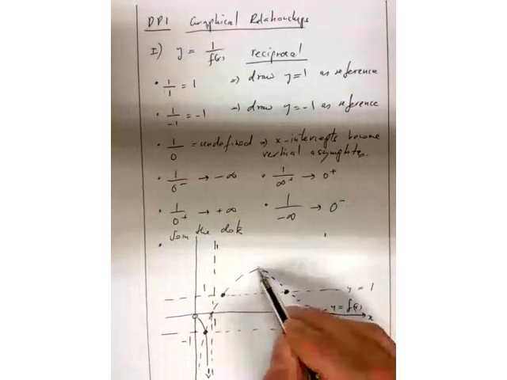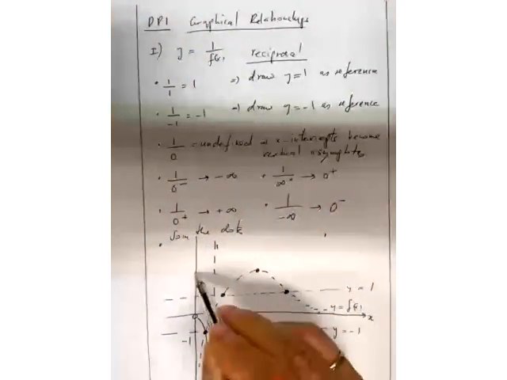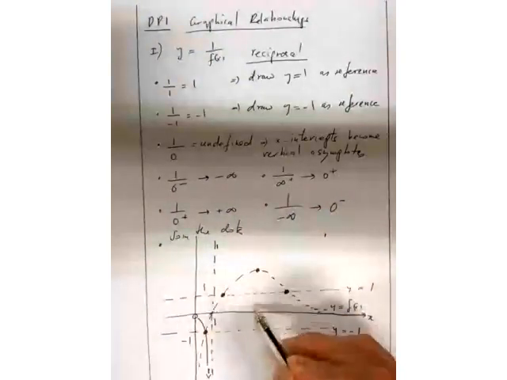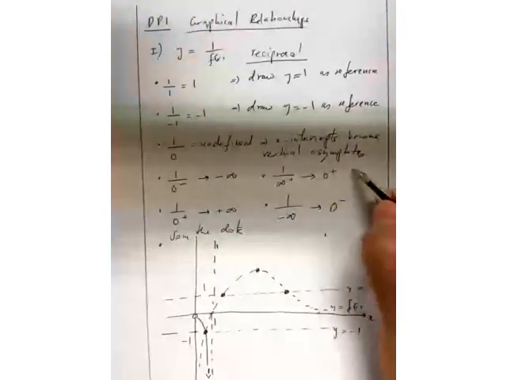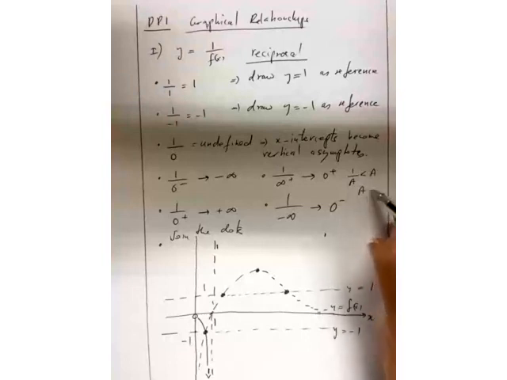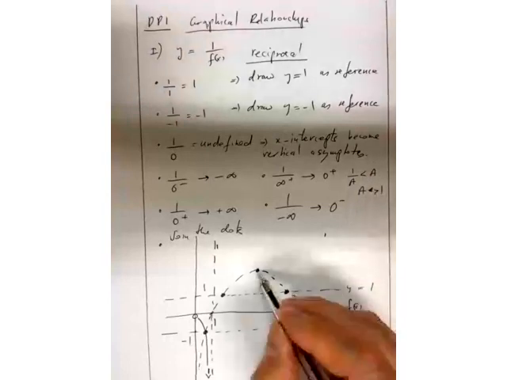Up here, 1 over something bigger than 1 is actually something less than 1. So that's another point you're going to make: 1 over a is less than a if a is greater than 1.